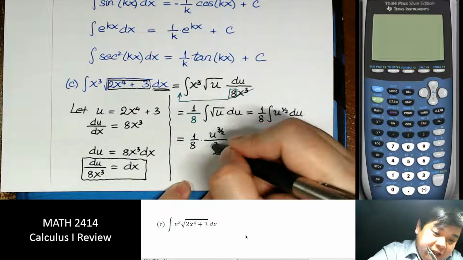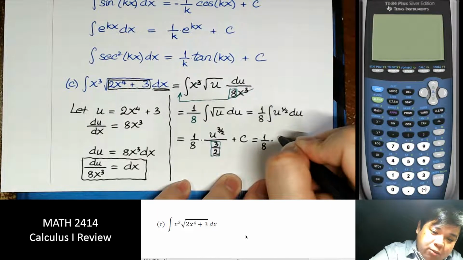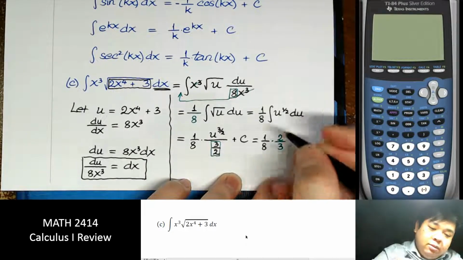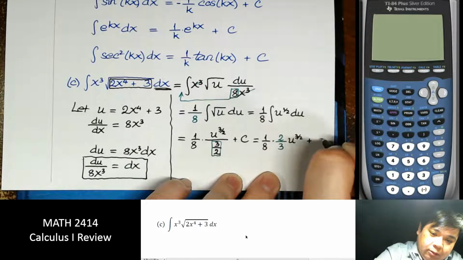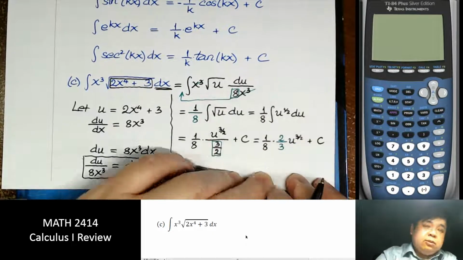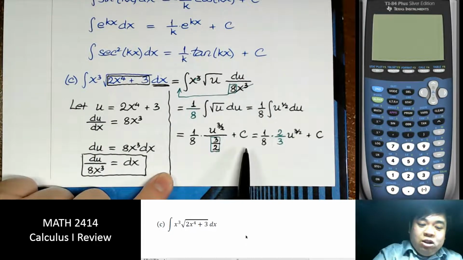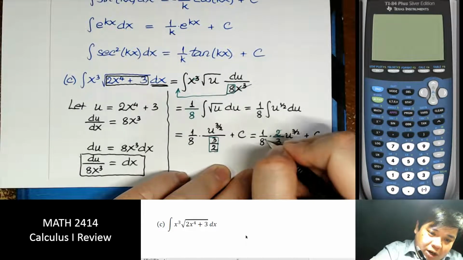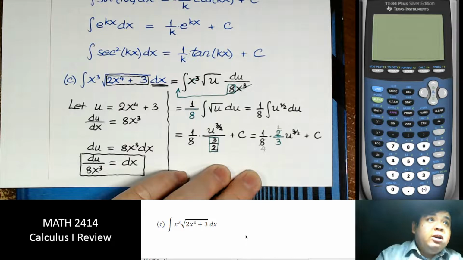Dividing by 3/2 is multiplying by the reciprocal. And then 2 and 8 cancel out. 1 on top, and 4 on the bottom.